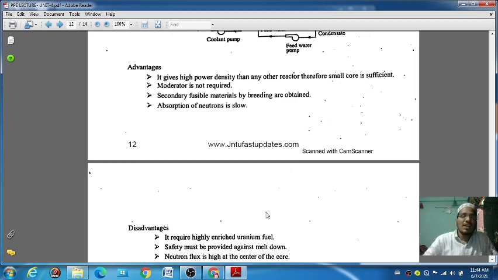Sometimes our financial resources are not good, so we have to arrange other resources to establish a good reactor as per our requirement.